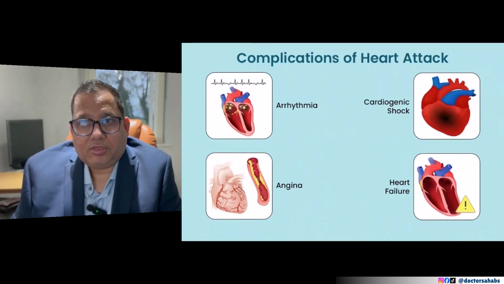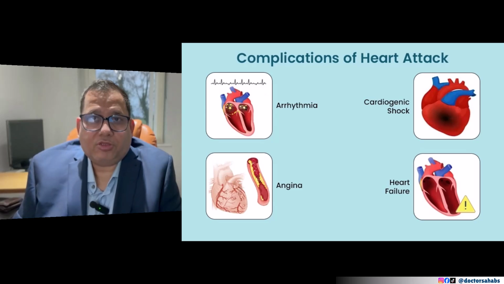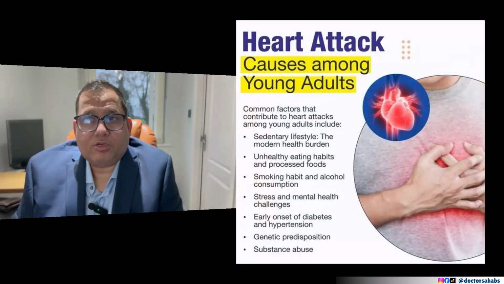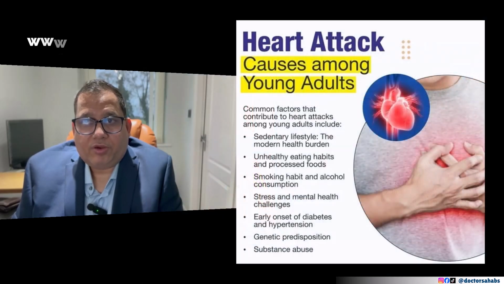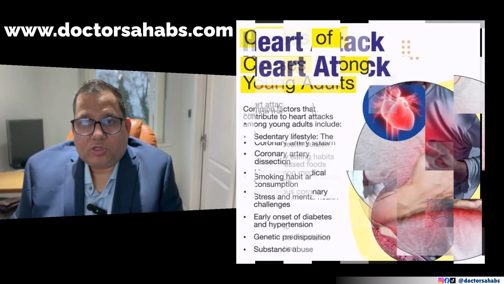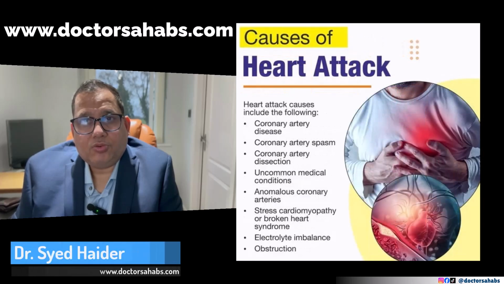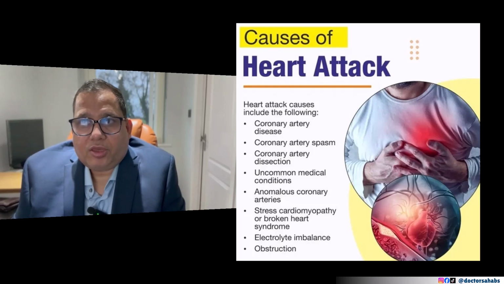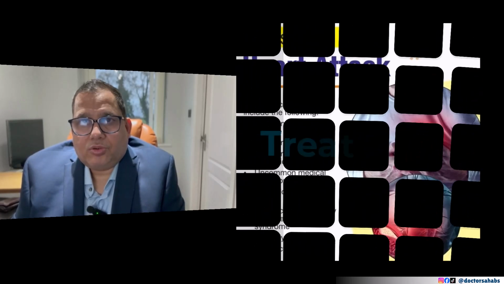The complications also depend on your age. If the complications are serious or you are very old, the most likely chance is that your heart is damaged by the heart attack.